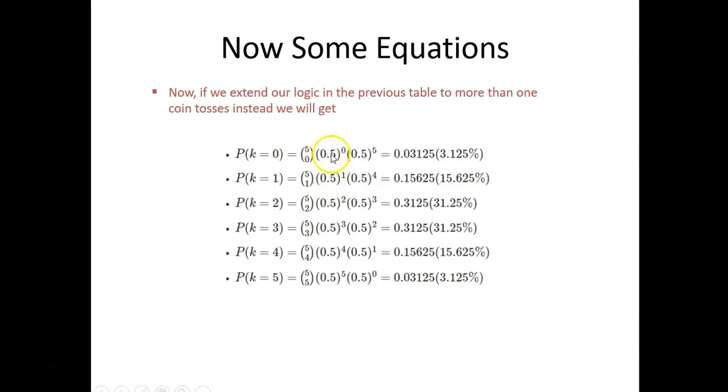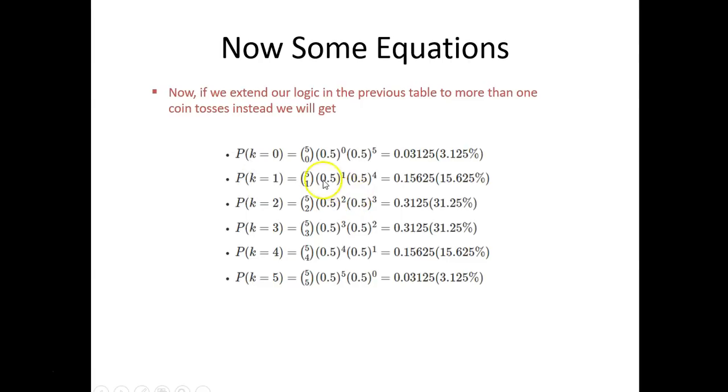If let's say it was a biased coin and probability of head was 0.7 and probability of tail was 0.3, then it would be 0.7 to the power 0 into 0.3 to the power 5. But in this case it's a fair coin, so I will show it as 0.5 to the power 0 and 0.5 to the power 5, that is this. So that is the chance of getting 0 heads.